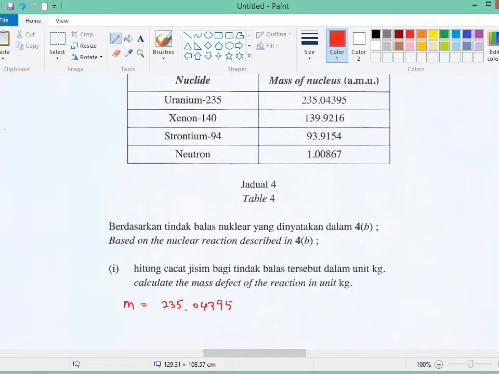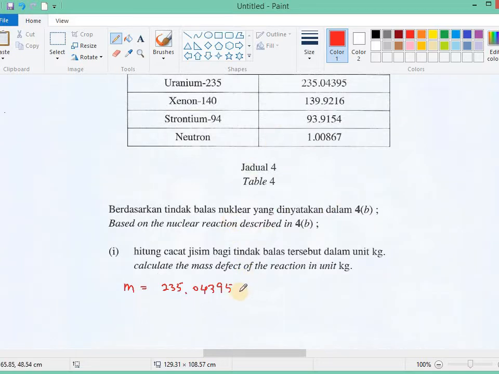235.04395. That means the mass of the uranium plus the mass of 1 neutron, 1.00867, minus the result of the nuclear fission, so is 1 xenon, 139.9216, plus 1 strontium, 93.9154, plus 2 neutrons, 1.00867.